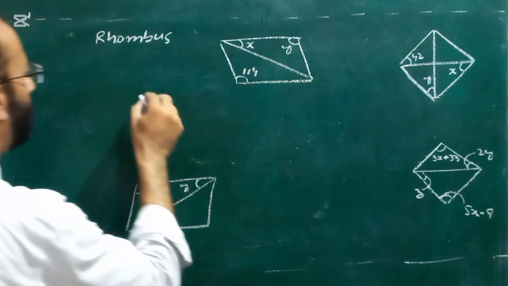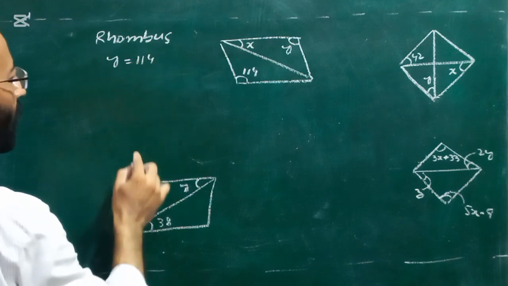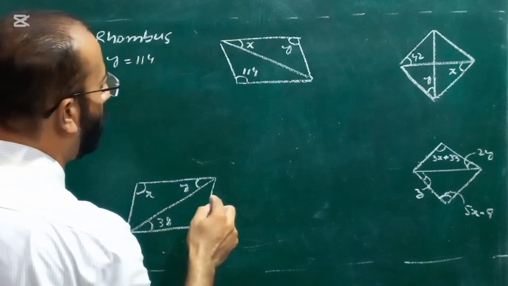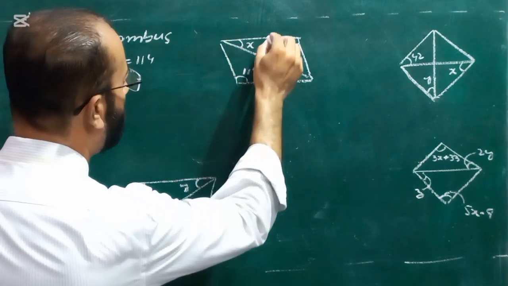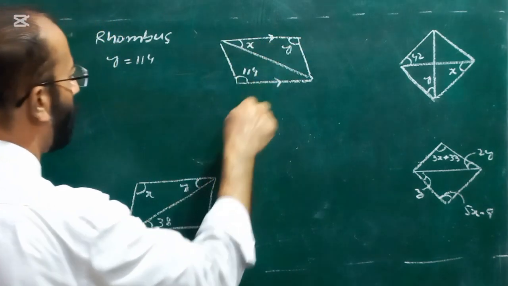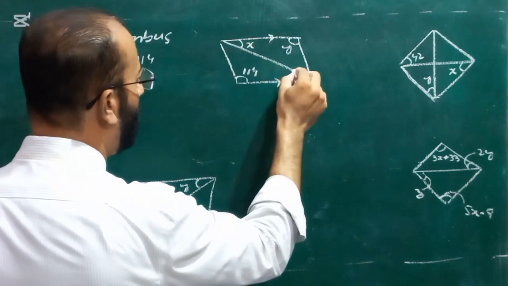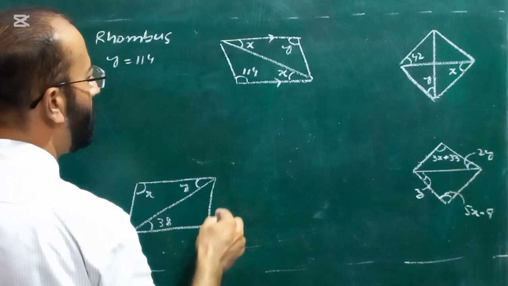So Y is equal to 114. So Y is done. If you can see, these are actually parallel lines because the figure is a rhombus. So this angle will be equal to this angle because of the alternate angles.